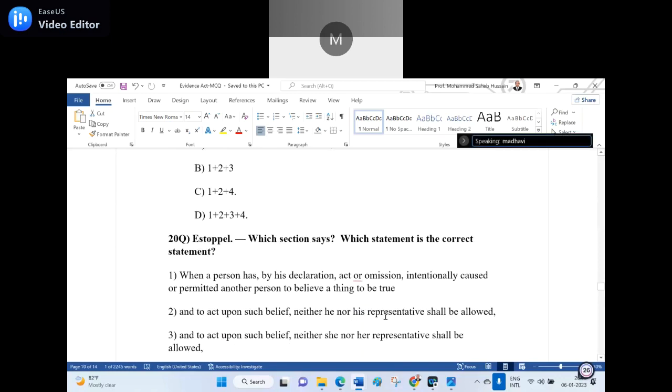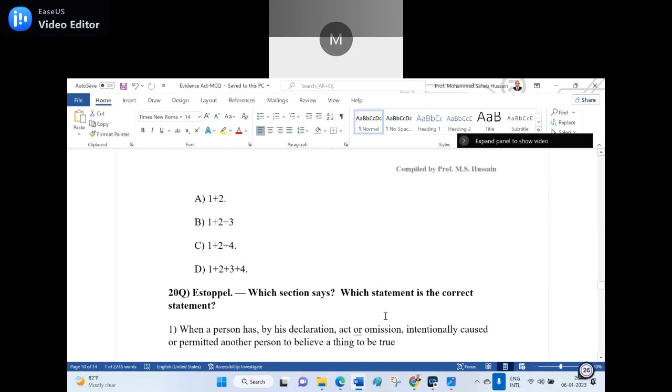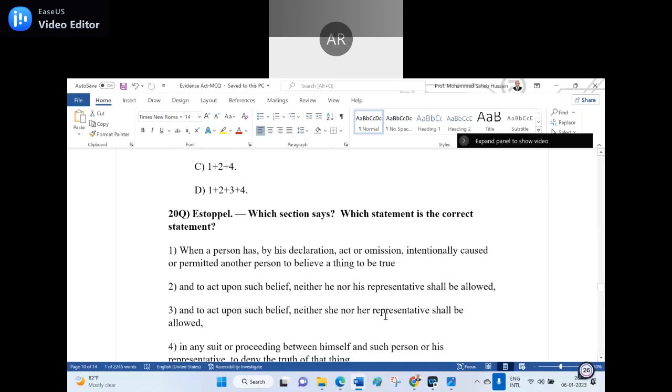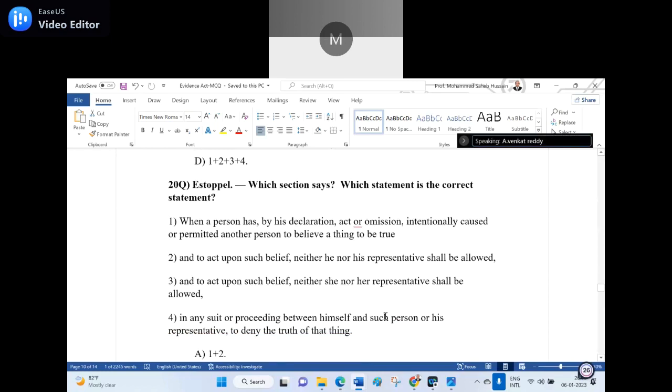Estoppel. Which section says so? Of course, section 115, 117. Which statement is the correct statement? Here are the four statements I have given. 1.